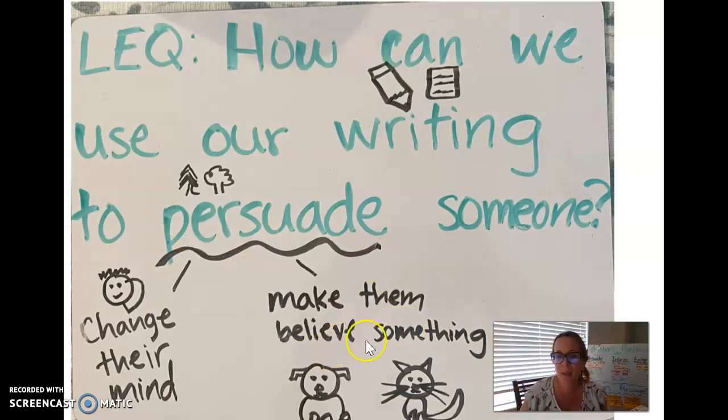And then I also said, make them believe something. And I drew a picture of a dog and a cat because last time when you guys were writing with me, you were all trying to persuade me whether dogs or cats were better. So I thought that would kind of help us remember the word persuade.